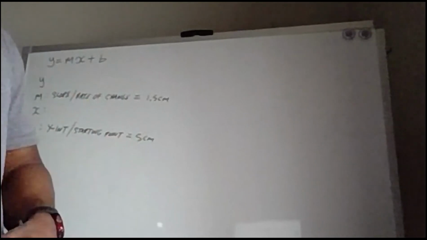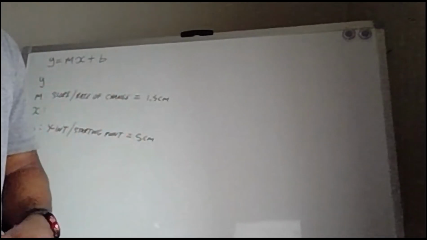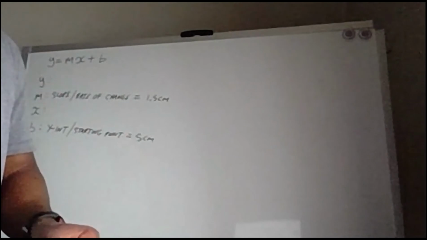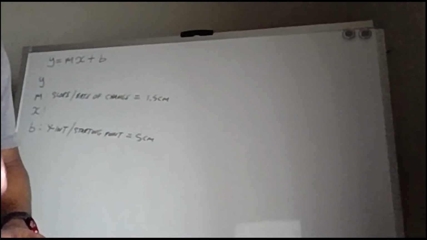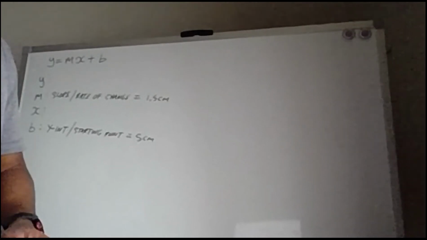So think about that. Is the height of the plant dependent on the number of days, or is the number of days dependent on the height of the plant? Well, obviously, the height of the plant is dependent on the number of days.